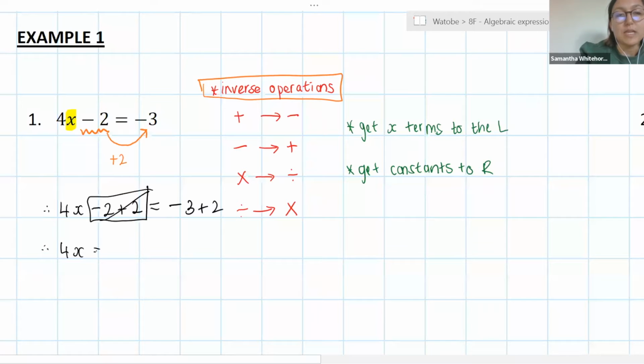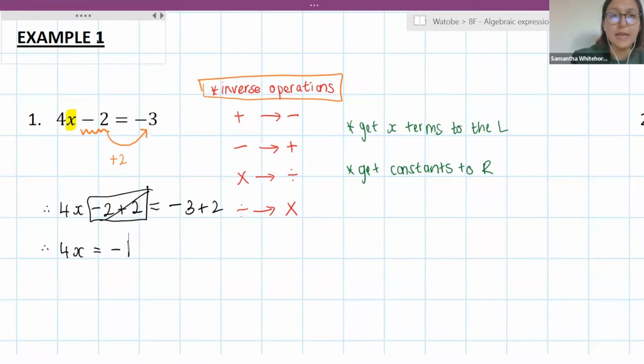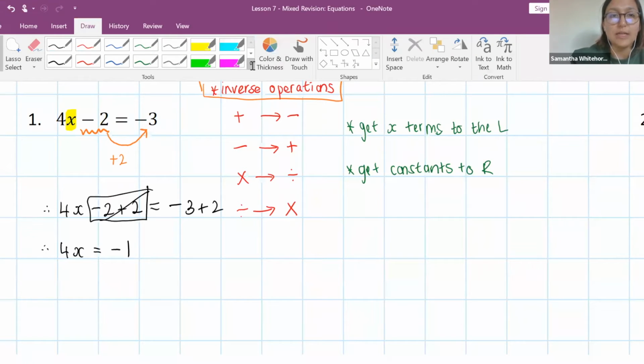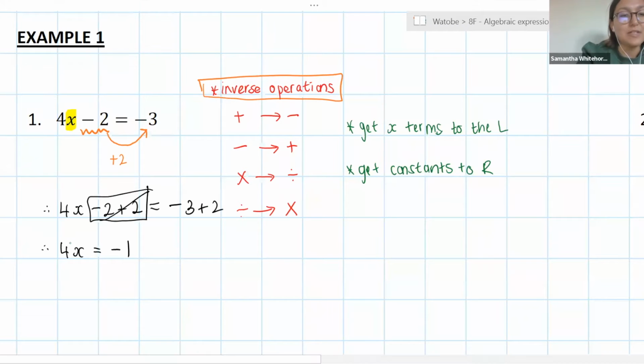On the right, -3 plus 2 simplifies to -1. I'm still solving for x, and I don't have x alone yet. The next thing I have to deal with is this coefficient of 4. If someone wants to raise a hand or pop it in the chat: what operation is happening between the 4 and the x in that term?